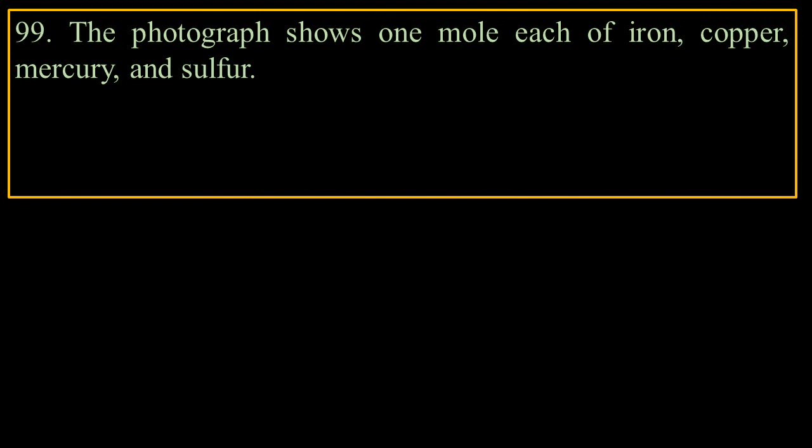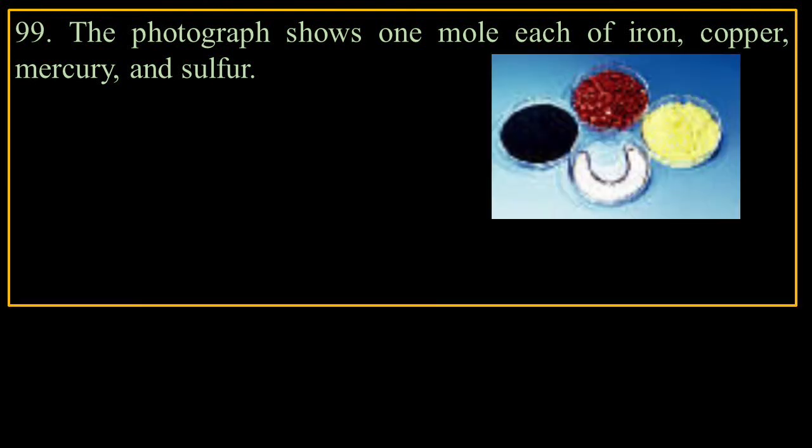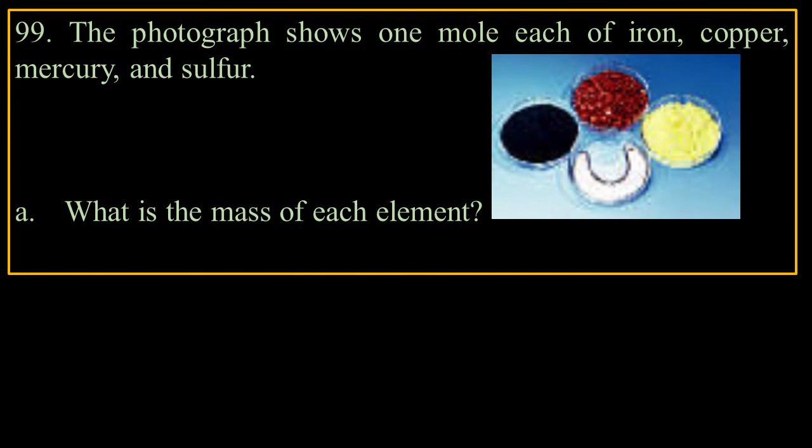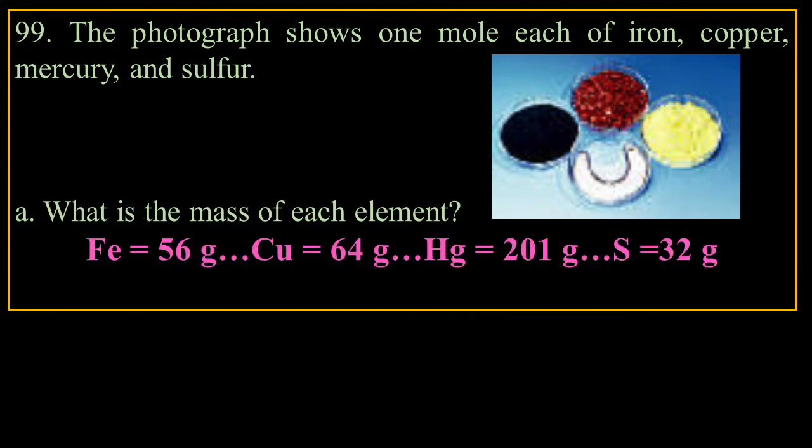The photograph shows 1 mole each of iron, copper, mercury, and sulfur. All right, it's easy. So what is the mass of each element? Mass in grams. There they are.